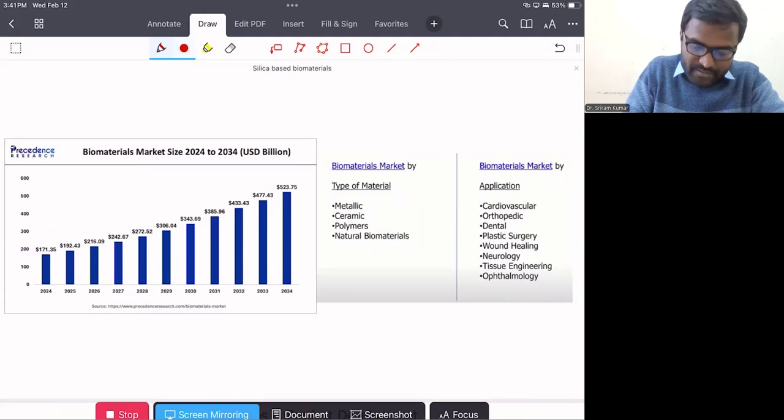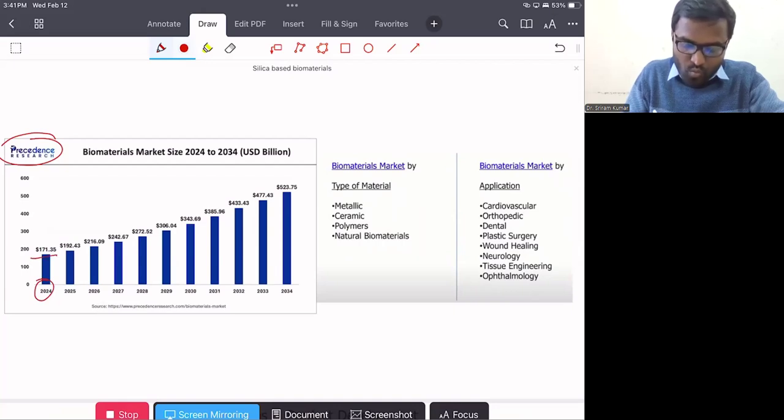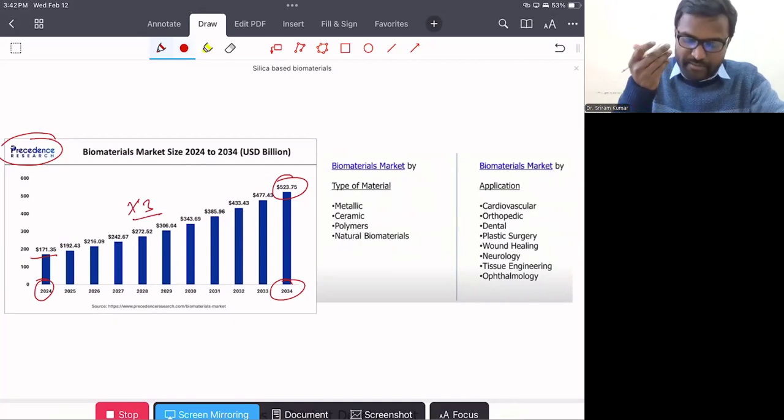Based on Precedence Research, they have reported that the market size of biomaterials in 2024 was close to $171.35 billion, and that is expected to increase in 10 years, by 2034, to $523.75 billion. So there is almost a three-fold increase in the market size of biomaterials in 10 years.